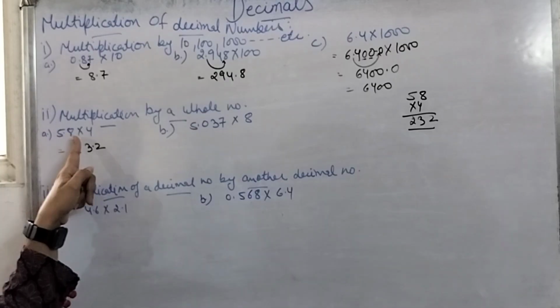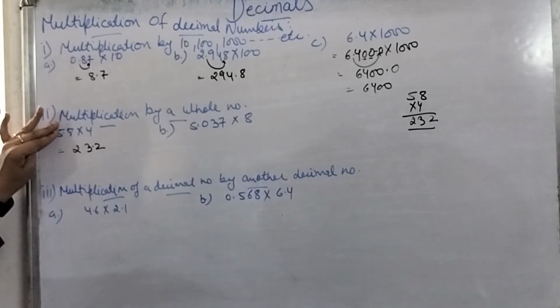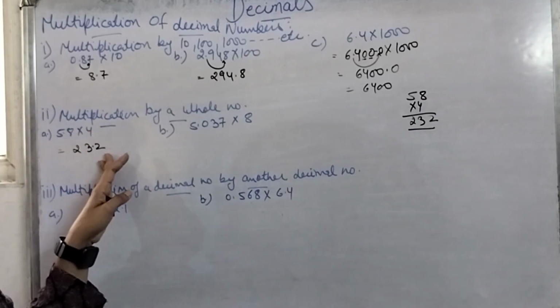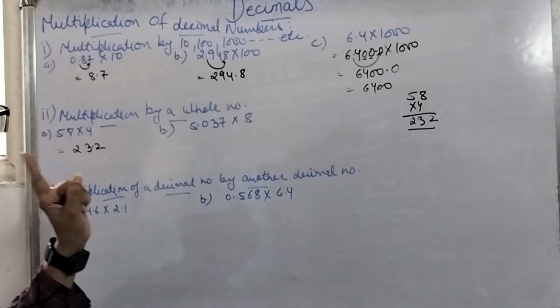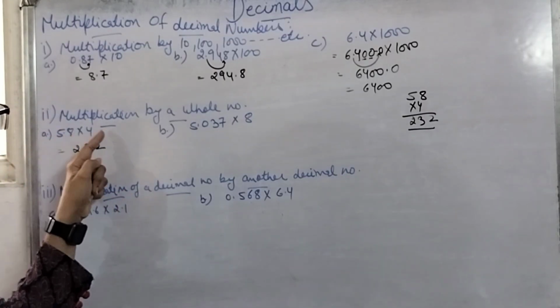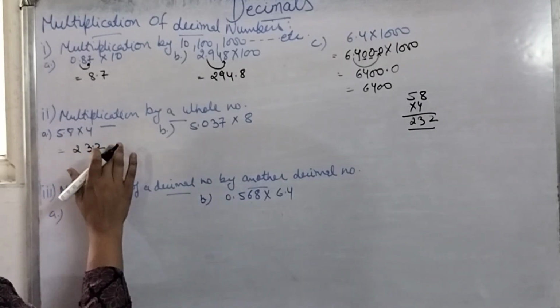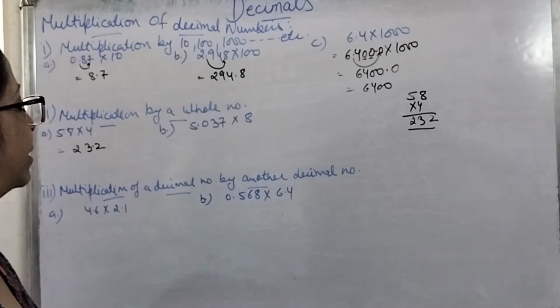So the product of 5.8 and 4 will be 23.2. Simply we ignored the decimal and multiplied 58 and 4, and the product was 232. Because the multiplicand has one decimal place, we take one decimal place in the product also. This is how we can multiply it.